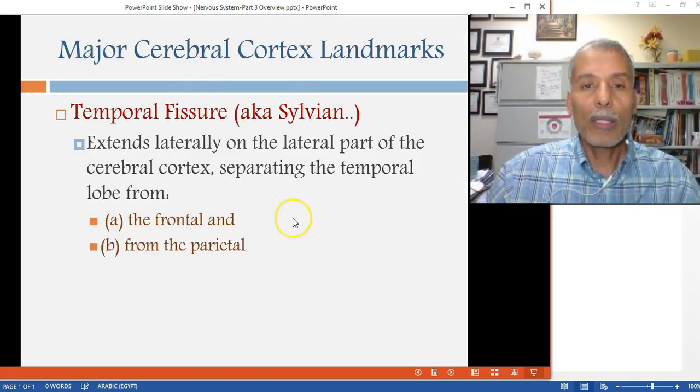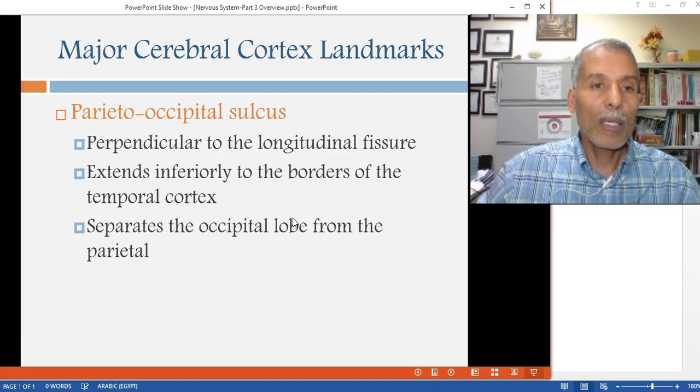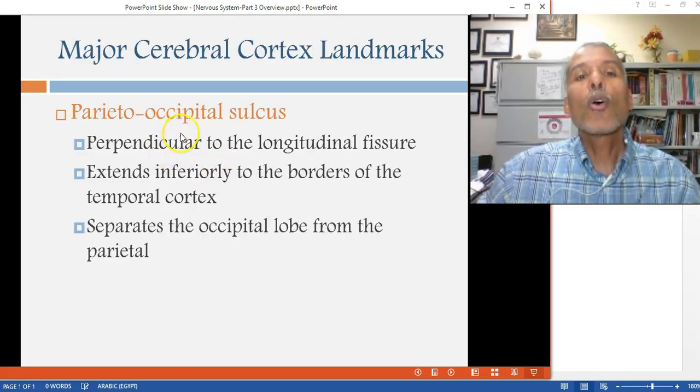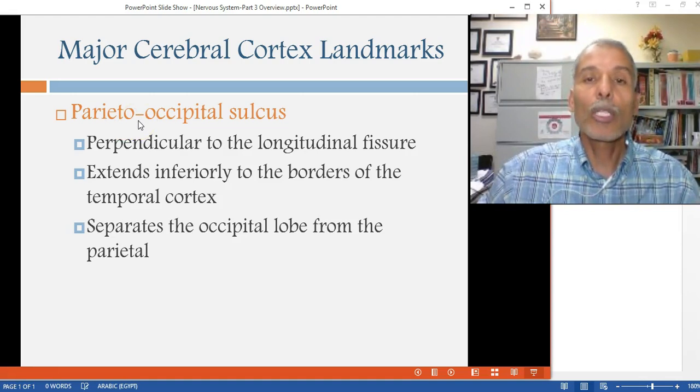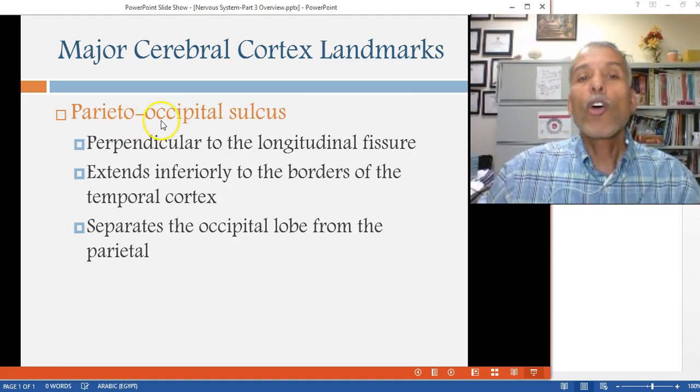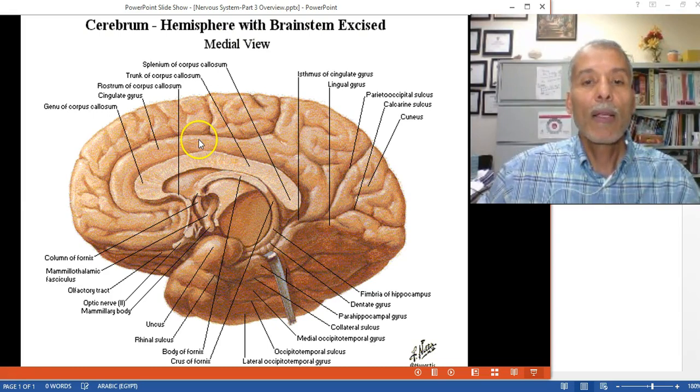So these are explained. The last one that we'll speak about is the parieto-occipital sulcus. You can tell from the name, parieto has to do with the parietal lobe, and occipital lobe. So the sulcus or fissure that separates these is called the parieto-occipital sulcus.